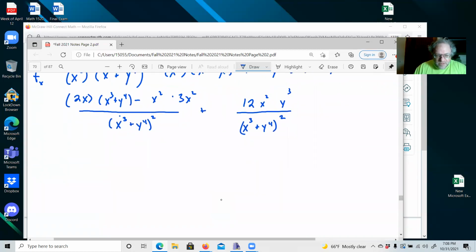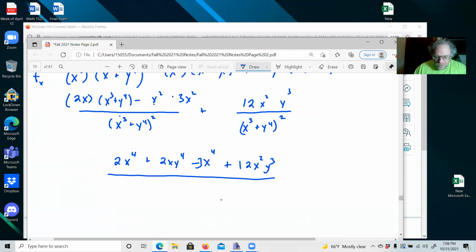Let's go ahead and crack this thing open. So we have 2x to the fourth plus 2xy to the fourth minus x to the fourth, or minus 3x to the fourth, rather, plus 12x squared y cubed, and then it's all over x cubed plus y to the fourth, squared.